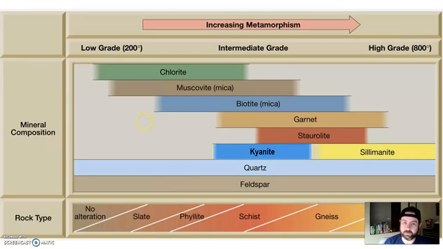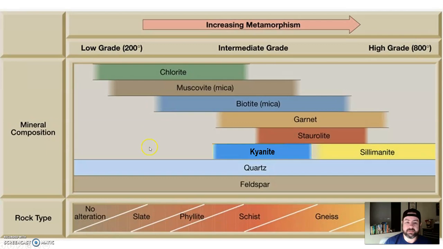So, some minerals that you are familiar with, we identified back in that mineral lab, things like muscovite, biotite, garnet, staurolite, kyanite, quartz, things of that nature. So depending on what mineral you find in a metamorphic rock, you can then assess whether it's a low grade or high grade or somewhere in between metamorphic rock.